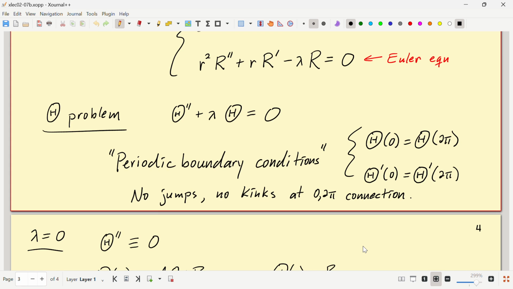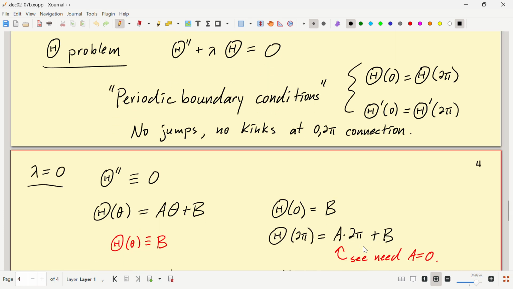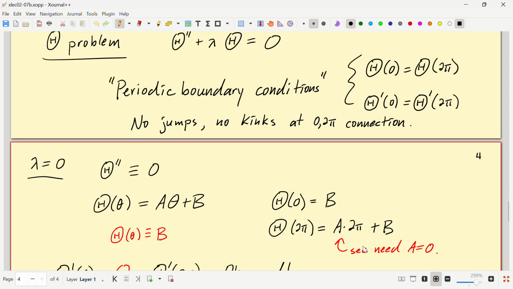Also, you'd expect their derivative to hook up because it wouldn't have a crease either when you graph it. So no jumps, no kinks. That leads to periodic boundary conditions in place of the usual boundary conditions that we've seen. And we played around and saw that we can solve it in the lambda equals 0 case, because then we got a constant solution.